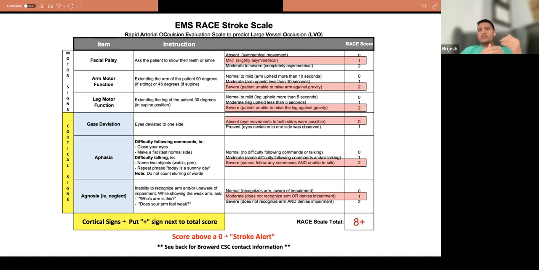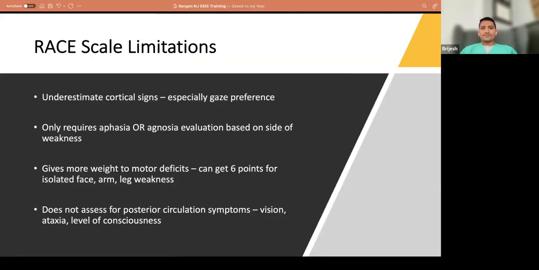The reason the creators of the original RACE scale did that is because in many patients, if you have aphasia, that's typically located, the speech centers on the left side of the brain, and hence it coincides with weakness on the right side. And if they have agnosia, it coincides with weakness on the left side. But there's a lot of outliers and scenarios where that is not the case. And so always assess for both.